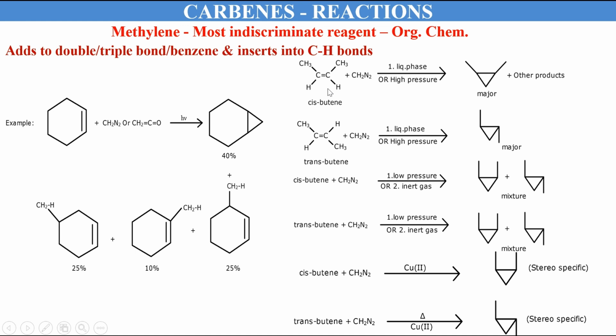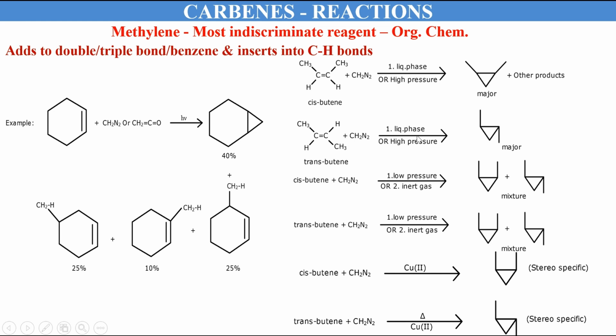Instead of cis-butene, I take trans-butene and treat it in a similar fashion with diazomethane under liquid phase or high pressure. The major product will be trans-cyclopropane, where the original configuration of the butene is maintained, and other products will be minor.